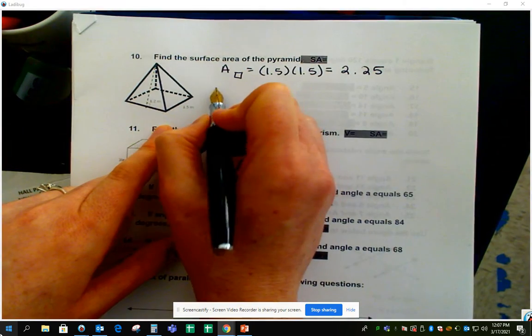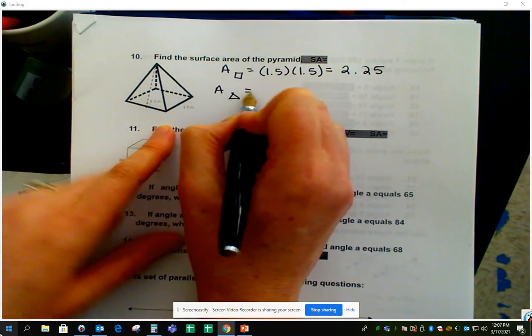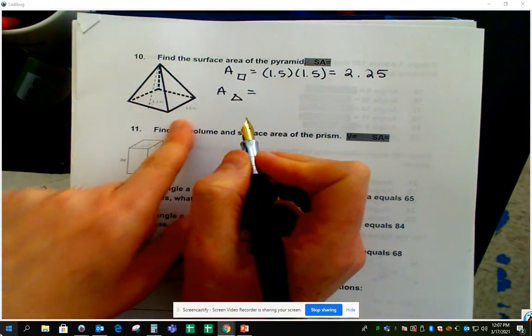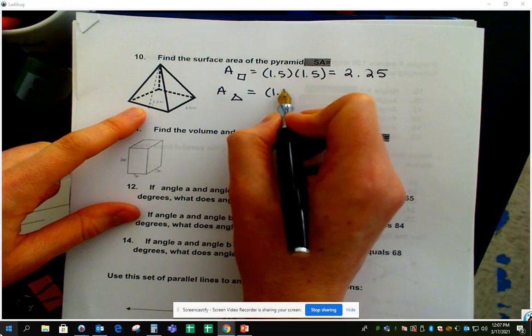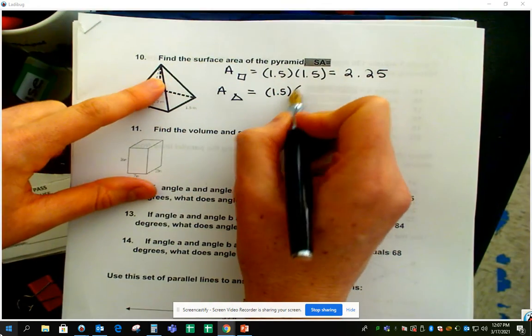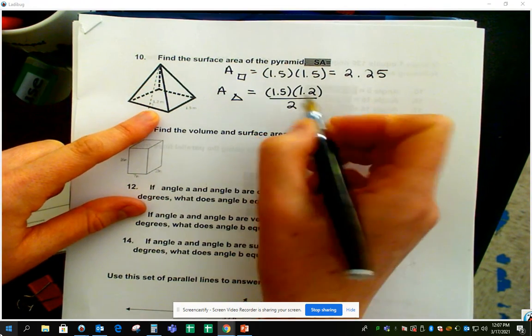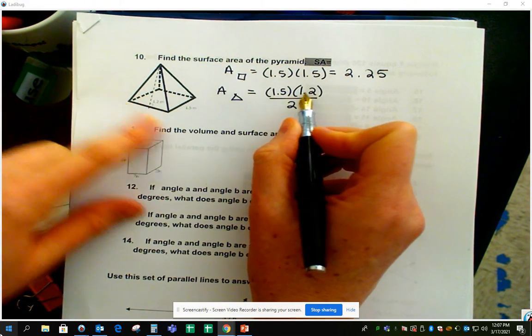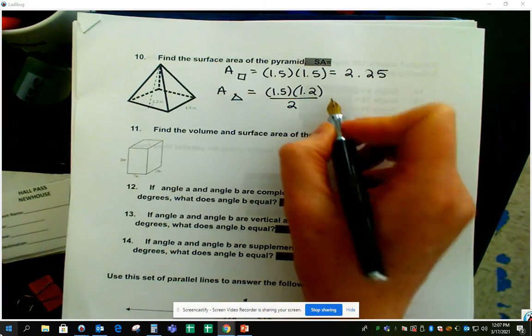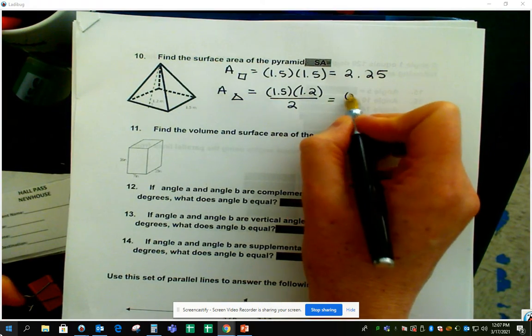Okay, and then the area of these triangles, the base is the same as this, it's 1.5. The height of the triangle is 1.2, and we're dividing it in half. Remember, area of a triangle is base times height divided by 2. When we put that in, we get 0.9.